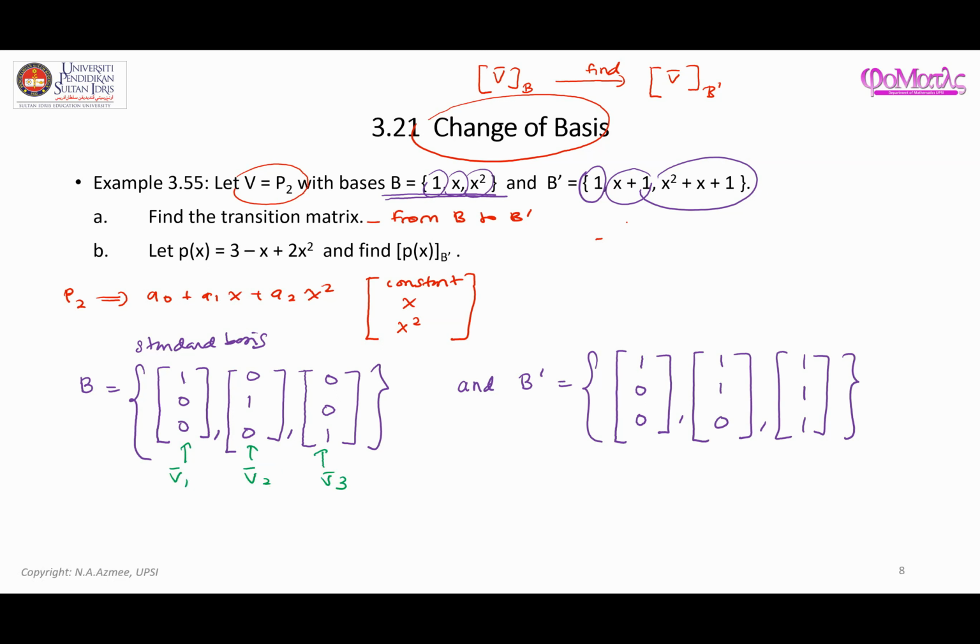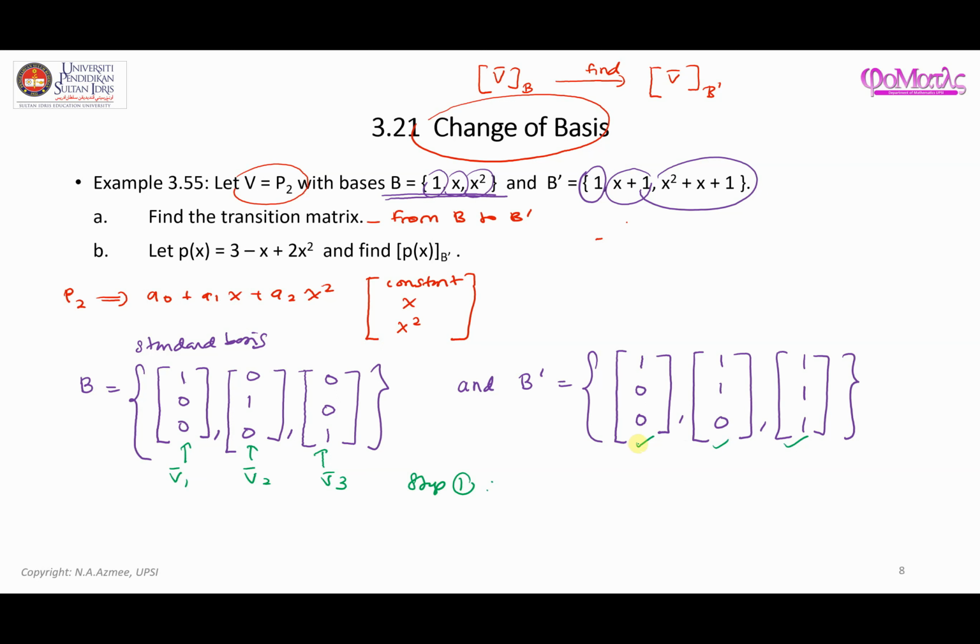The first step is to try and write vector 1 as a linear combination of vectors 1, 2, 3 from the new basis.